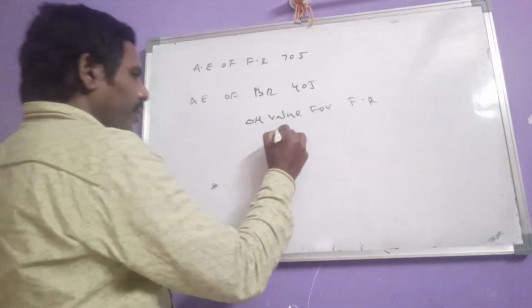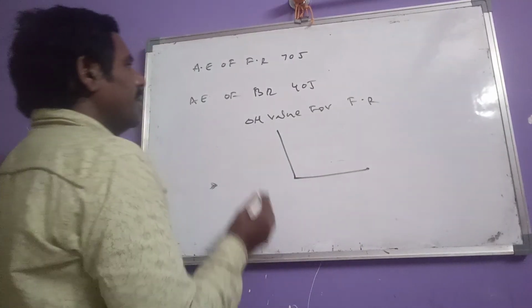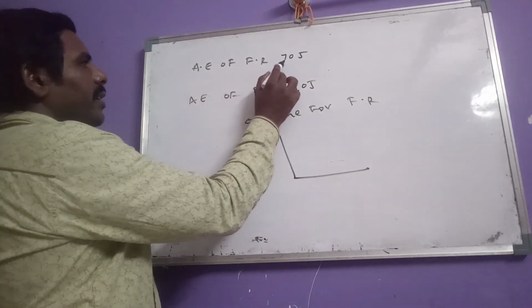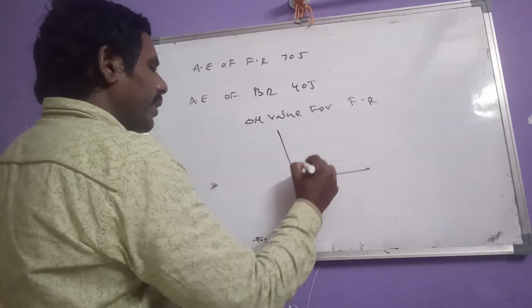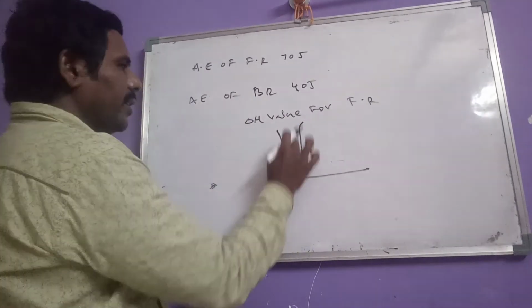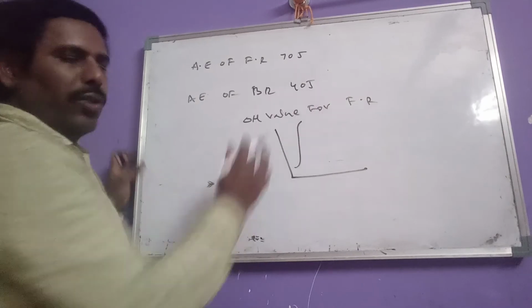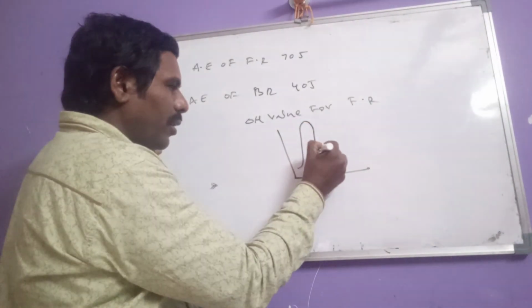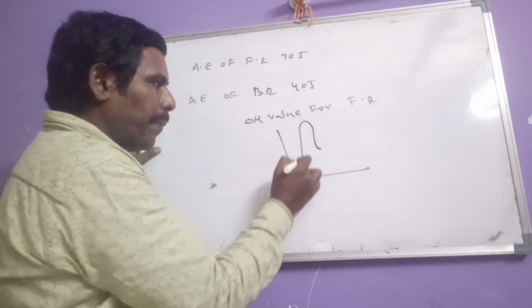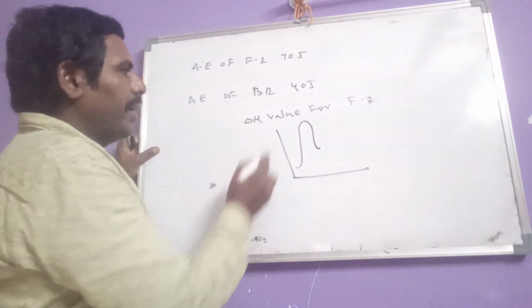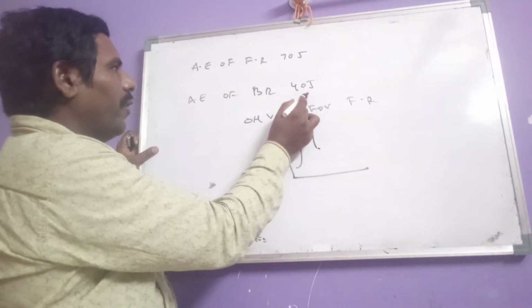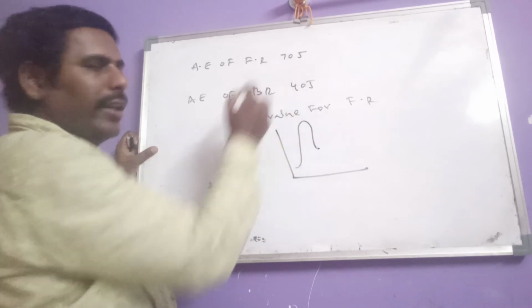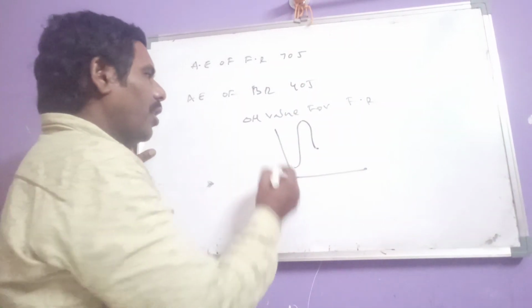So now, first consider this. Activation energy of forward reaction is 70 joules. Of course, this height is 70, but this height is only 40 joules. That means on this side we have to draw a short line comparatively, because this length they have given 40, but this length they have given 70 joules.